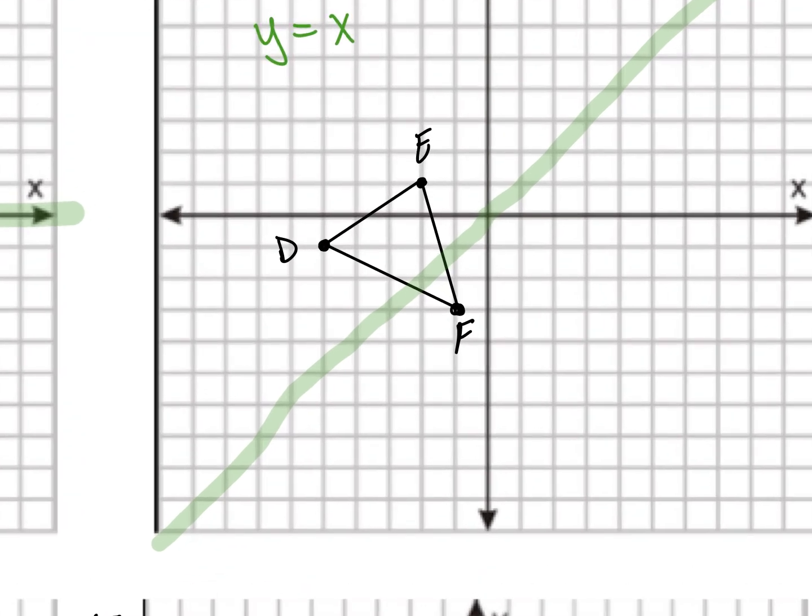And same thing as before. Let me draw it a little better using the pen. Okay. F should go right here. E is going to go right here.